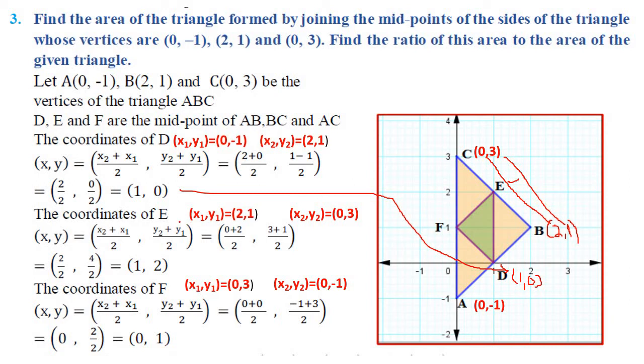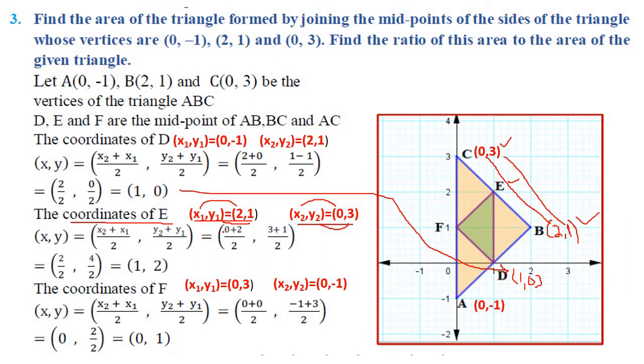Let us write x1, y1. Here we consider (2, 1) as x1, y1 and (0, 3) as x2, y2. The midpoint formula is (x2 plus x1) by 2, (y2 plus y1) by 2. Here x2 is 0 and y2 is 3, and x1 is 2 and y1 is 1.